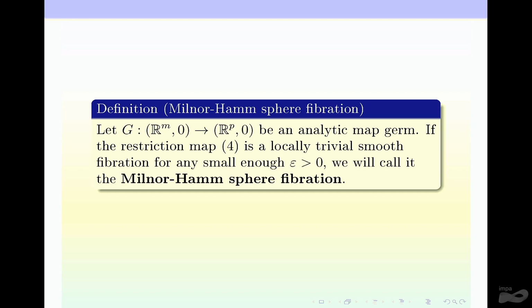So what we are saying is that we are asking that such a fibration exists for any small enough epsilon, and also that all those fibrations, when epsilon gets smaller and smaller, should be equivalent. Such a fibration should not depend on epsilon.